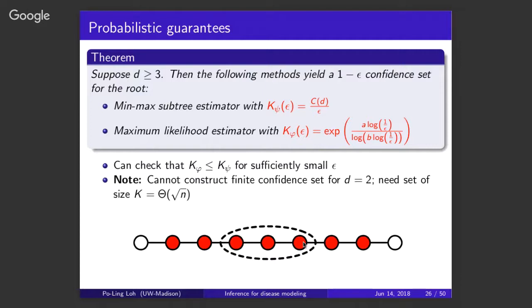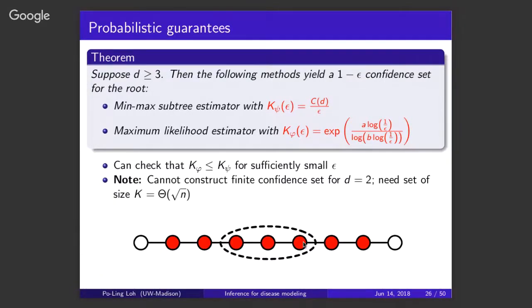And it's not too difficult to see that the minimum confidence set that will contain the root with probability, let's say 95%, actually has to grow with n, the number of red nodes. In fact, it has to grow as the square root of n if you want to guarantee with high probability that you're containing the source. This is in contrast to the theorem.